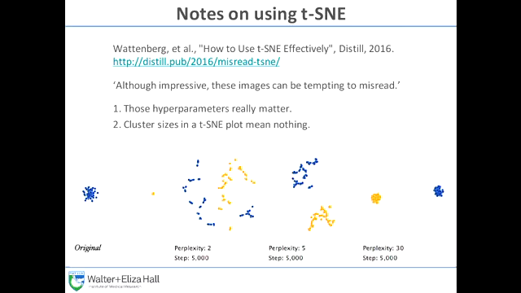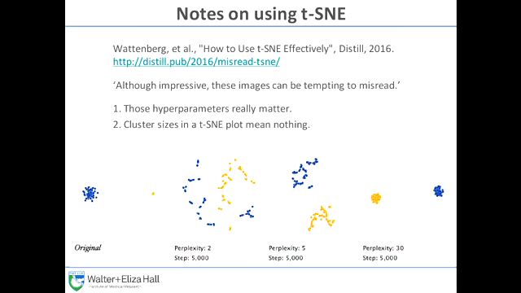With a low value of perplexity, you expect points not to have too many close neighbours; with a high value of perplexity, points will have many close neighbours. So with a perplexity of 2, you get this quite spread out picture where the points in the different groups are not closely connected to each other. As you increase the perplexity, you get much, much tighter clustering. So if you were to arbitrarily choose a perplexity of 2 or a perplexity of 30, you would get quite different impressions of what the structure of this data set is.